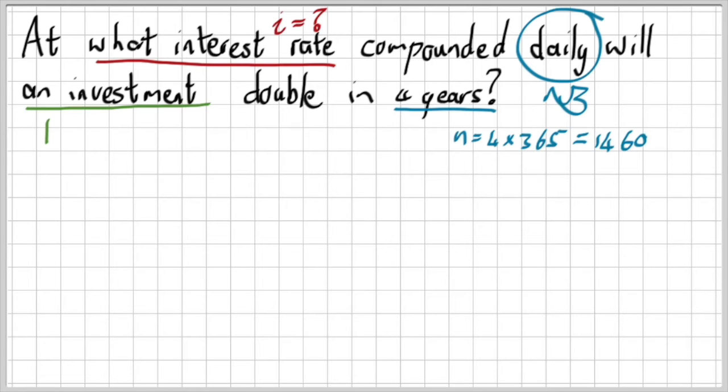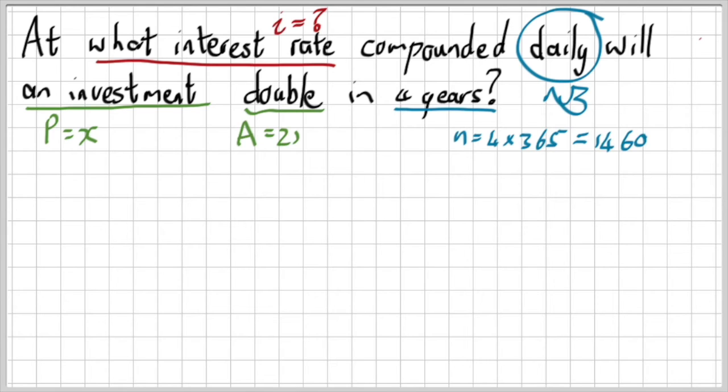Will an investment, so P is x. If you don't like using x and you want to use any other value, you have to tell that to the examiner. So you will have to say to the examiner, let P be equal to 1,000 or 10,000 or however much.